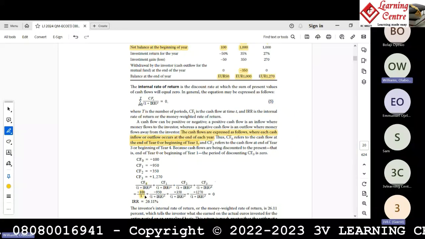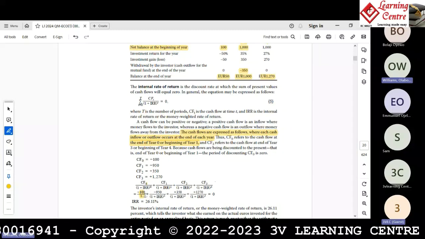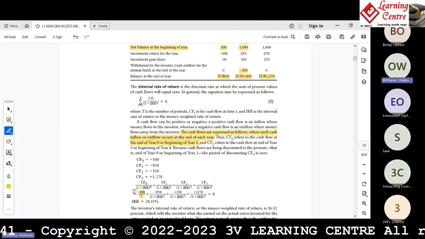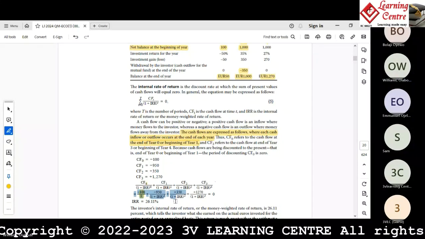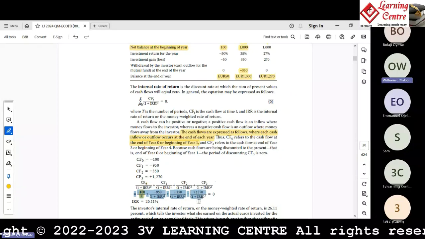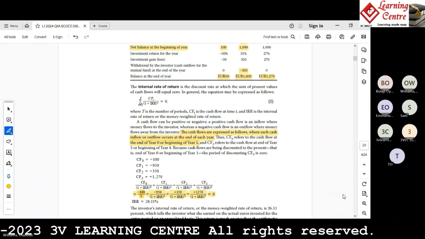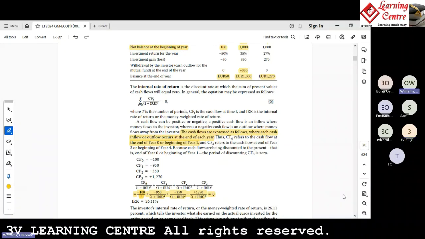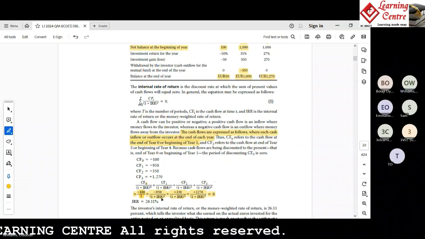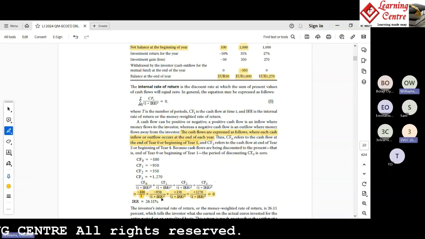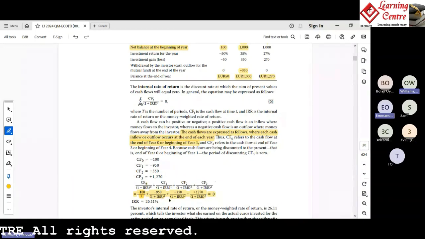So plug in 10% where you have IRR. Then Emmanuel, plug in 30% where you have IRR, and calculate it.